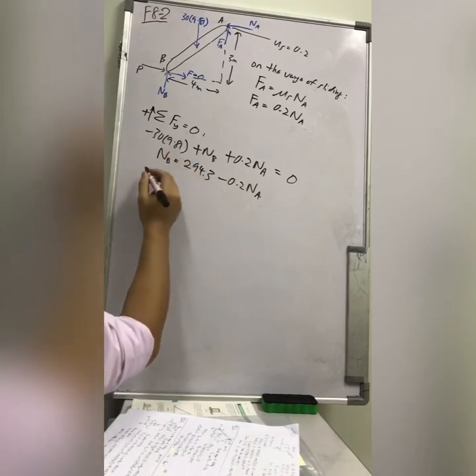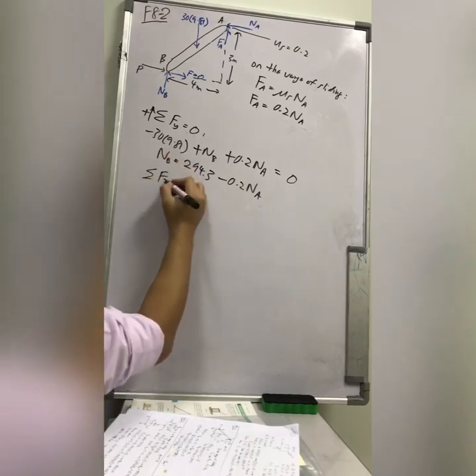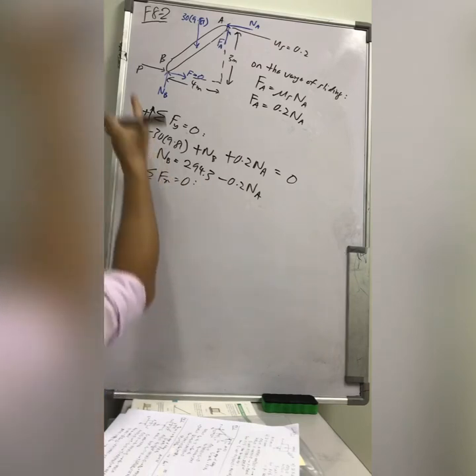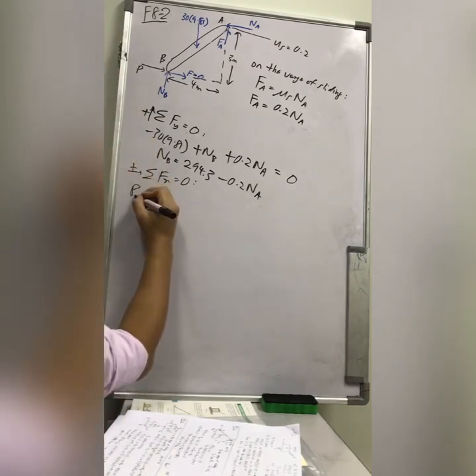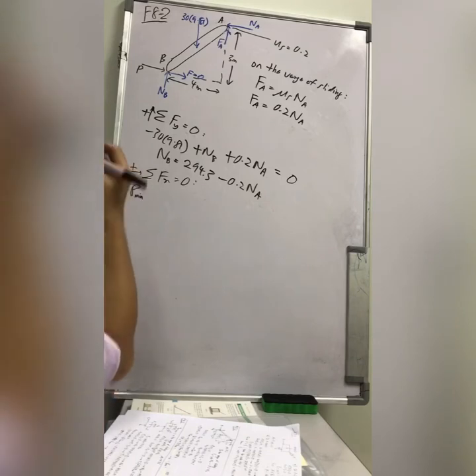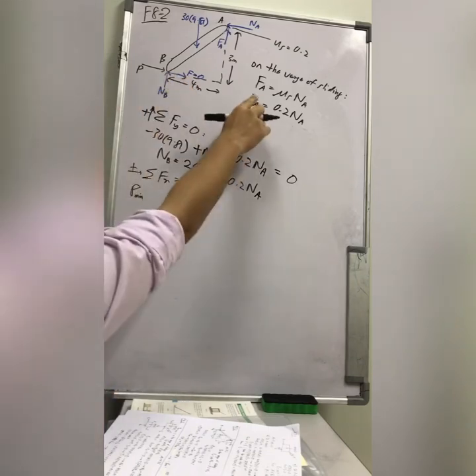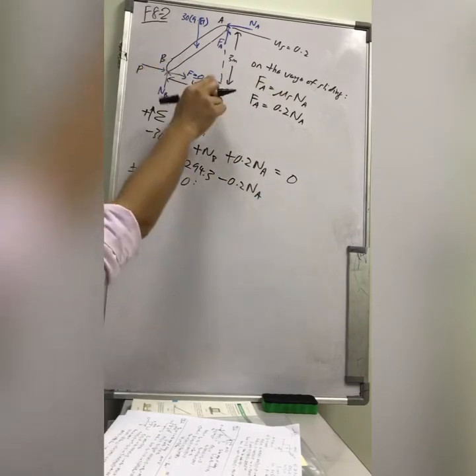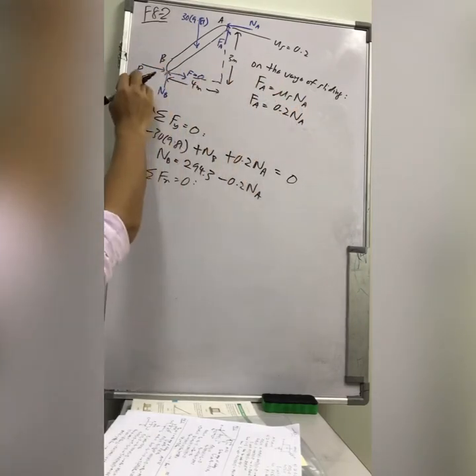What else? You have to do Fx equals 0. You have P, and in this case this P is P minimum, because when you apply FA equals mu S NA, you are evaluating at when it is about to slide. So this is P min.